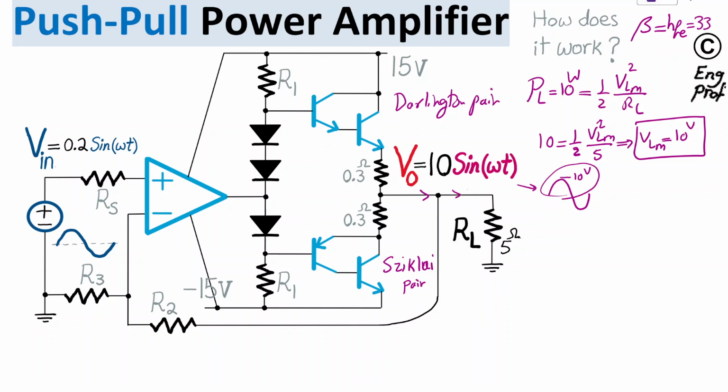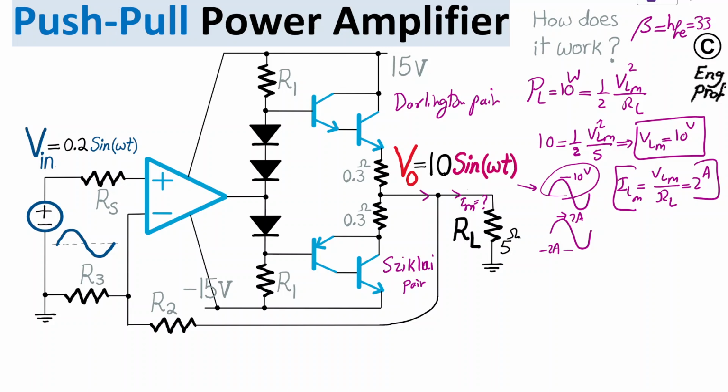The max current for the load is I load max equal to V load max divided by RL, so 10 volt divided by 5 ohm, which gives us 2 amp. So the peak value of the sinusoidal current for the load is 2 amp. It's a resistive load, so the current and voltage are co-phased: 2 amp and -2 amp.